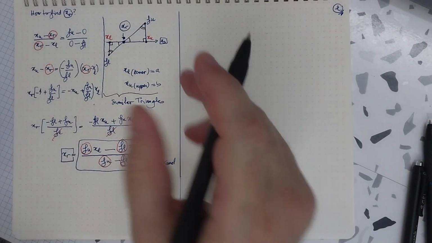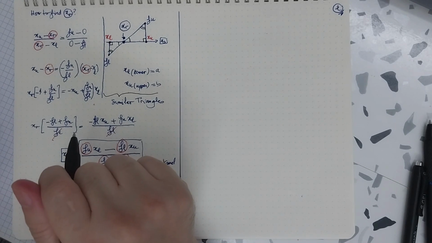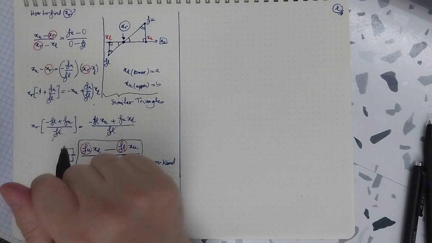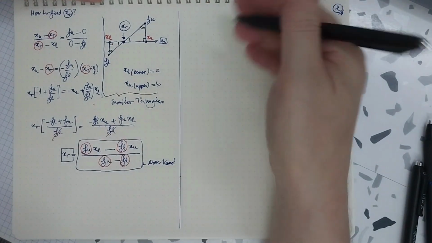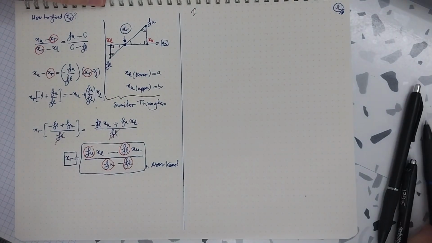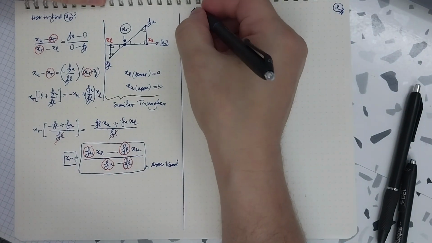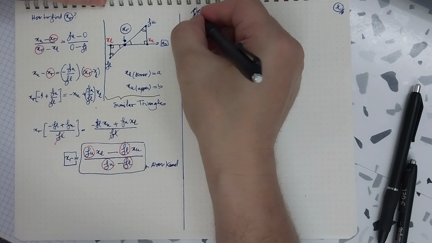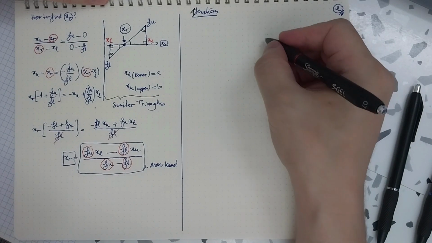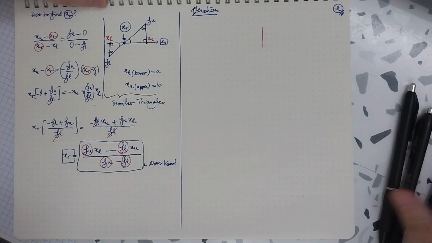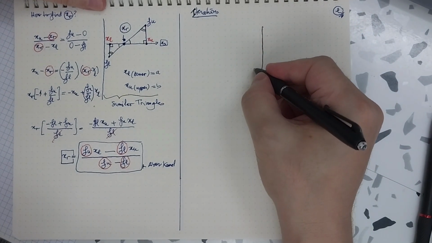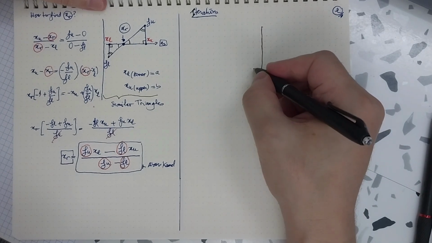But the first false point is still not close enough to the true point. We need an iteration process. Let's write here iterations. And let's draw the axis here.